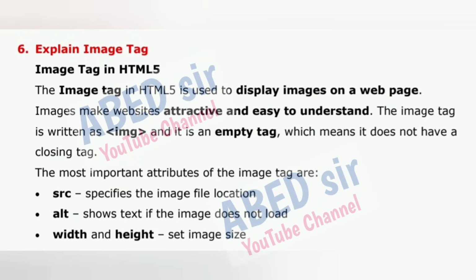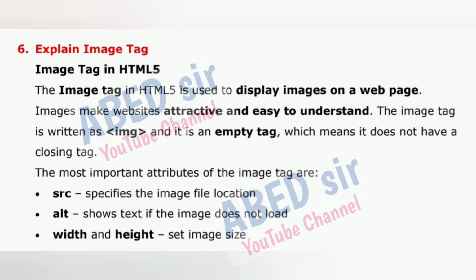Explain image tag. The image tag in HTML5 is used to display images on a web page. Images make websites attractive and easy to understand. The image tag is written as img and it is an empty tag, which means it does not have a closing tag.